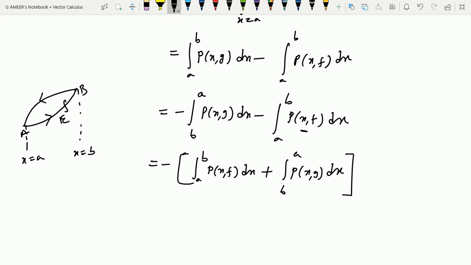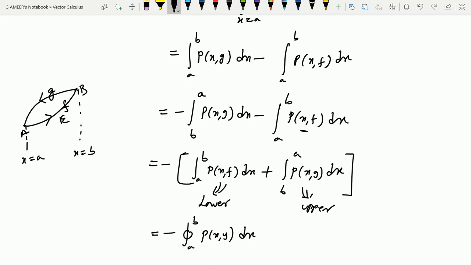This is the f curve and this is the g curve. So finally these two together, the lower part and the upper part, give the total complete curve. So I can say this is the integral around the complete curve from a to b of p(x, y) dx.